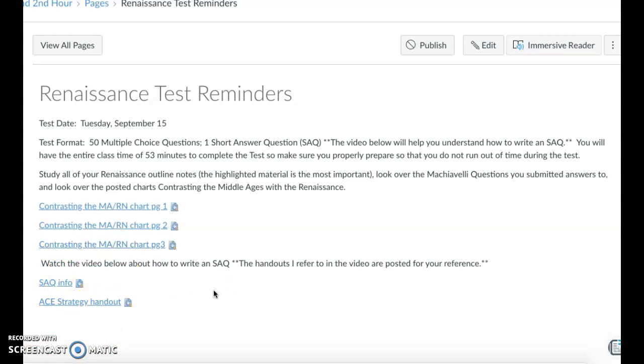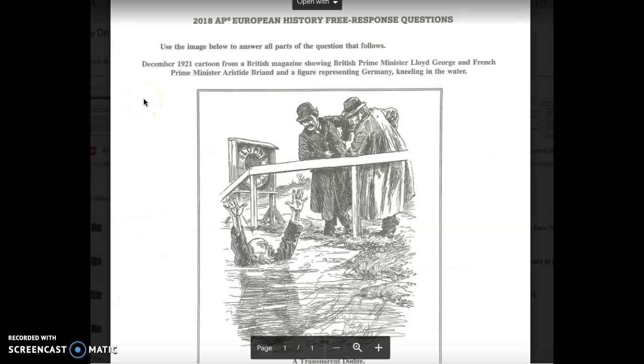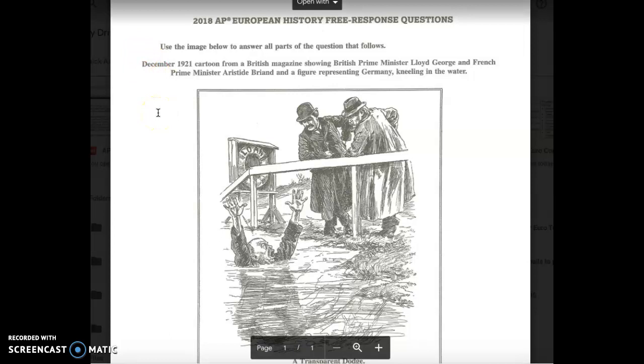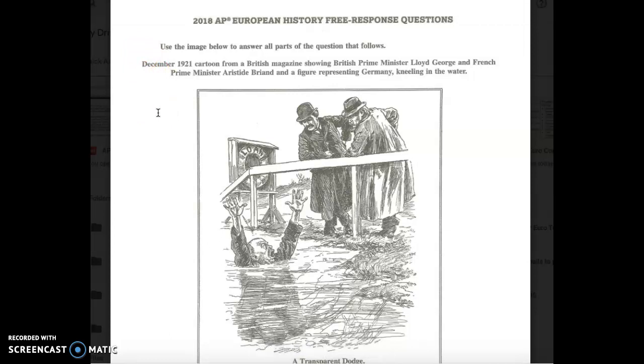Next, I'm going to give an example of an SAQ. So hopefully this example will help you better understand how you would write one. As you can see here, this was from our 2018 AP European History exam. So the directions say that you will use the image below to answer all parts of the question that follows.